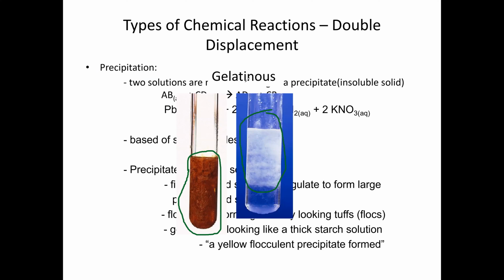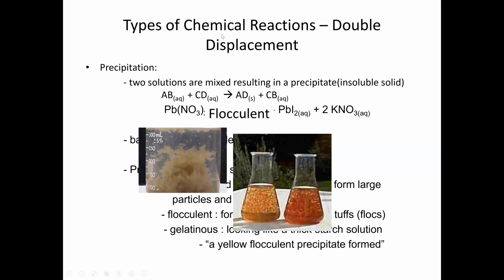So you should be able to describe the precipitate that you observe. And just some other examples of types of precipitate. So again, double displacement reactions: two solutions mix and form at least one insoluble product.